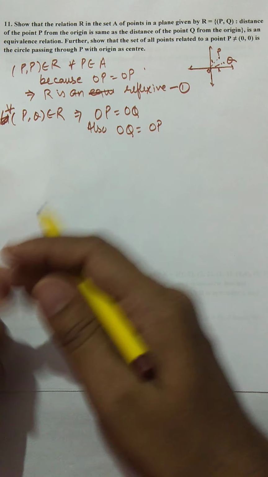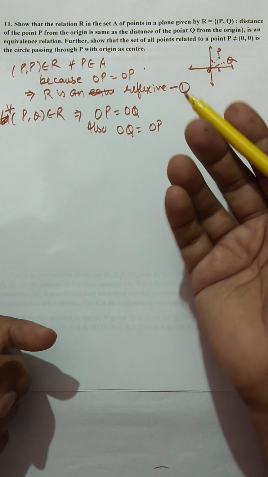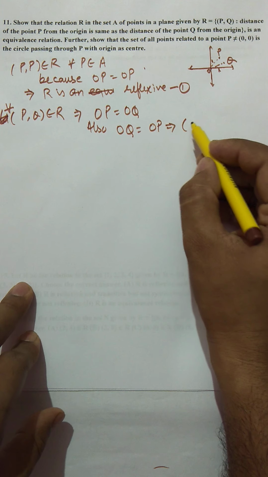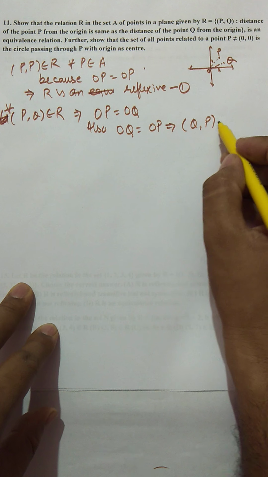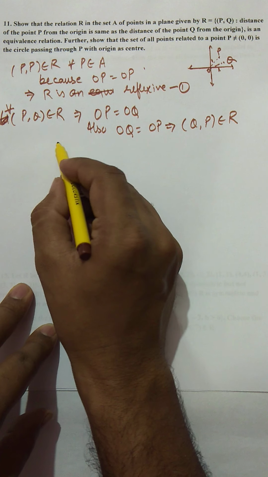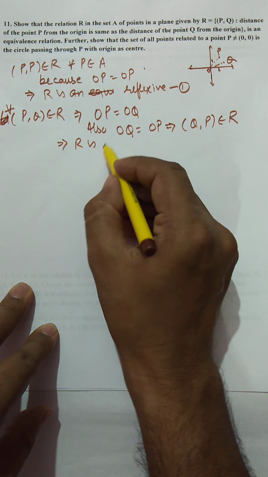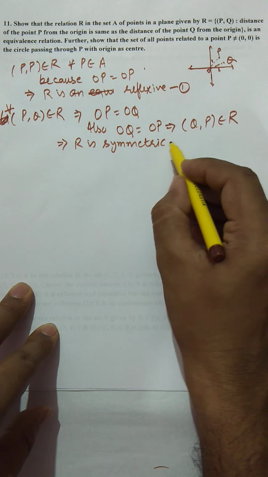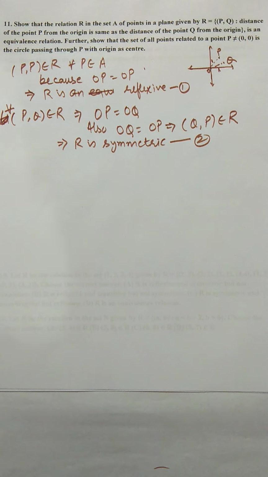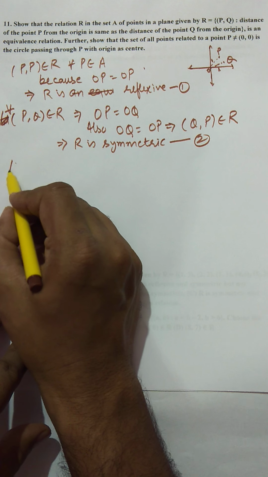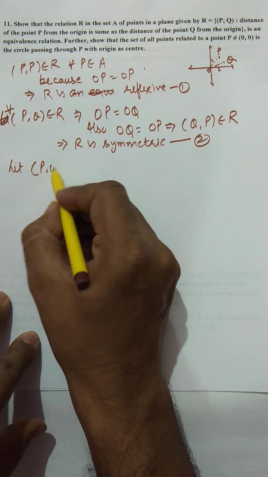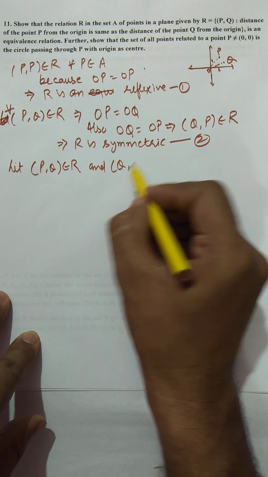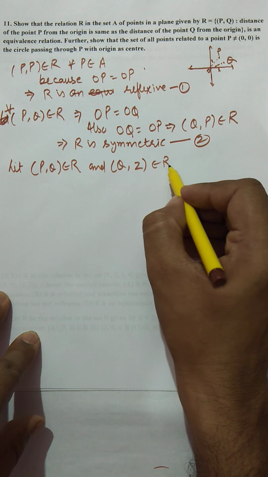Whether you say OP equal to OQ or OQ equal to OP, it is the same thing. But this way, if you write that QP belongs to R, it means that R is symmetric. Mark this as 2.